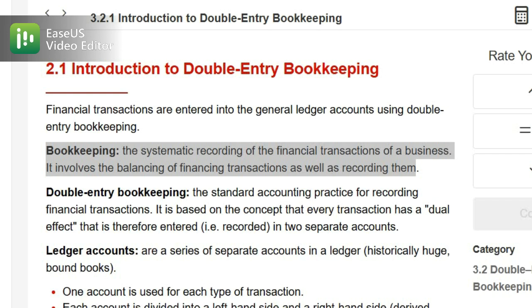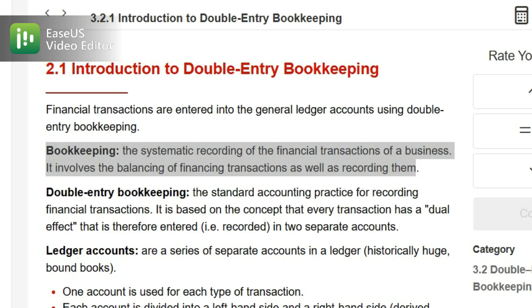Imagine you are keeping track of every rupee you spend and earn. It's systematic, meaning you do it in an organized way so nothing gets lost. By systematic recording, we mean that you organize the transactions in a way so nothing gets lost, right?